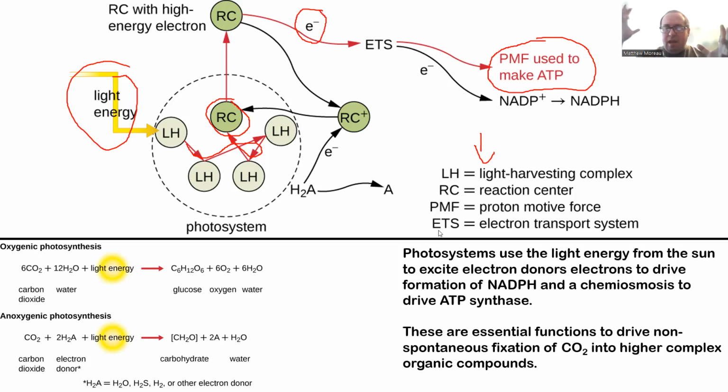Hydrogen atoms, again, allow for the creation of the proton motive force. The proton motive force is what is used to drive ATP synthesis, like a chemiosmotic reaction like we've seen before. And then the electrons are decoupled and allowed to bind to NADP plus or NAD plus, forming the neutral charge NADPH and NADH species.